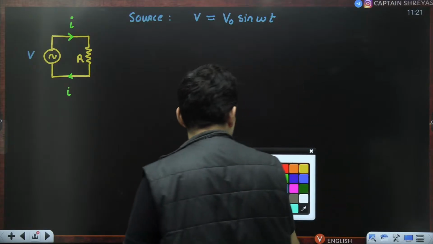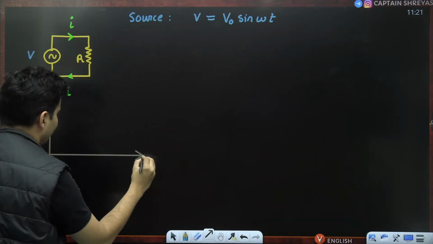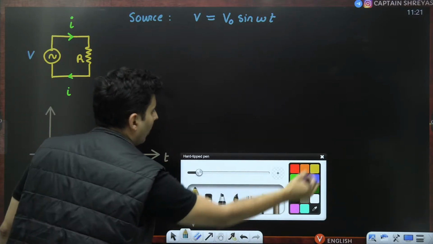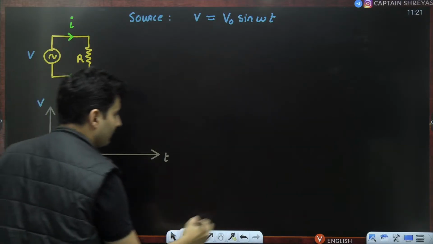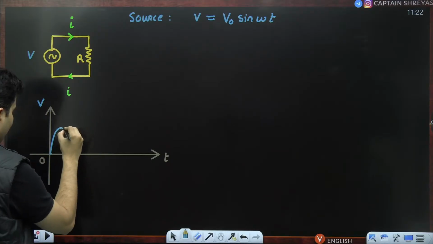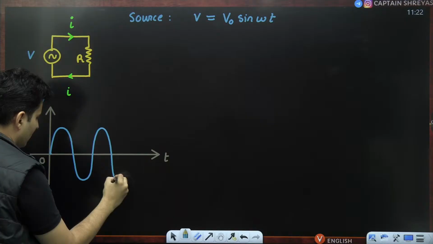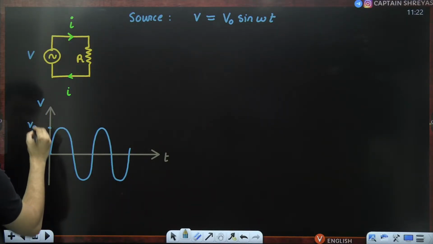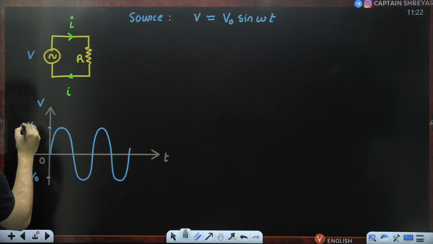This just means that if somebody decides to draw a graph of voltage versus time, this particular graph will look something like this: positive, negative, positive, negative, like this. The maximum value reached will be V0, and this side will be negative V0. This will be the positive cycle, this will be the negative cycle.